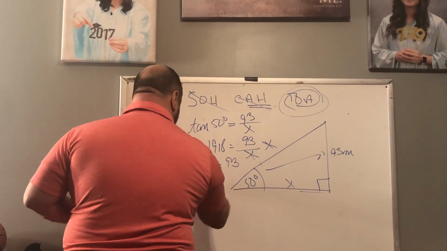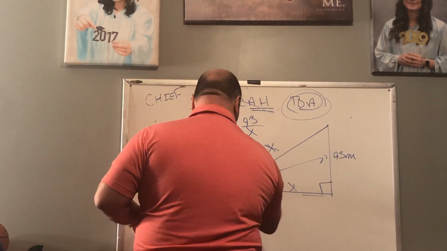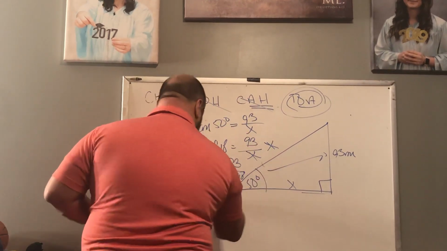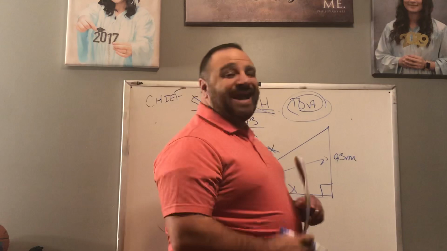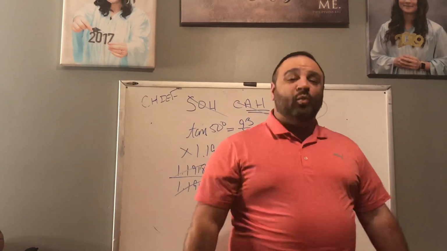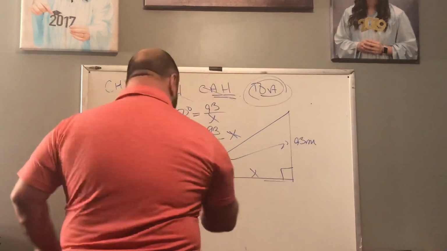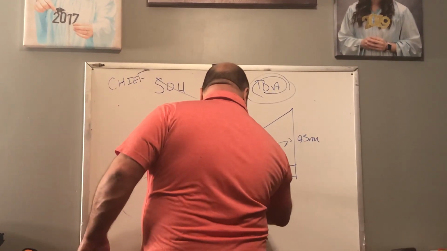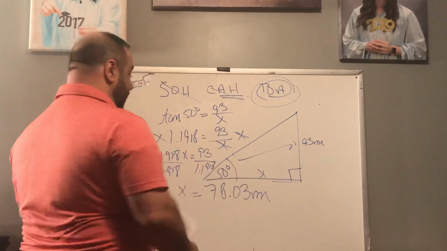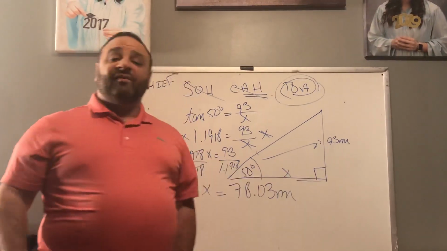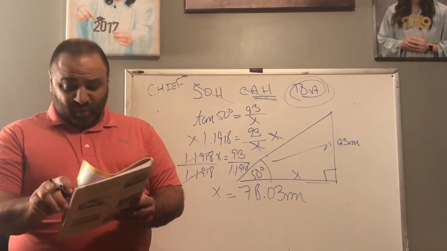Divide both sides by 1.1918. x is equal to 93 divided by 1.1918, and your final answer should be 78.03 meters. That would be the length of the shadow of the Statue of Liberty.